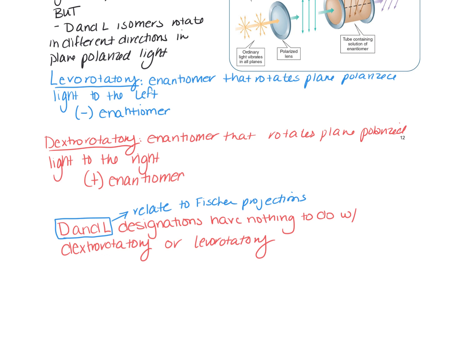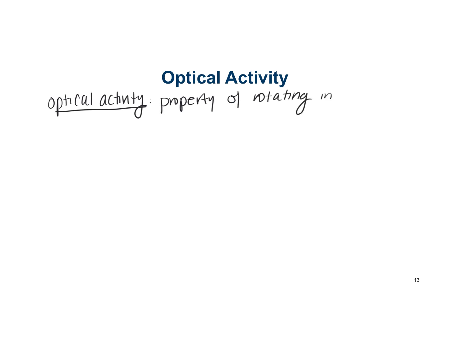Now, the way these rotate in plane polarized light is called optical activity. So when we talk about optical activity, this is just the property of rotating in plane polarized light.